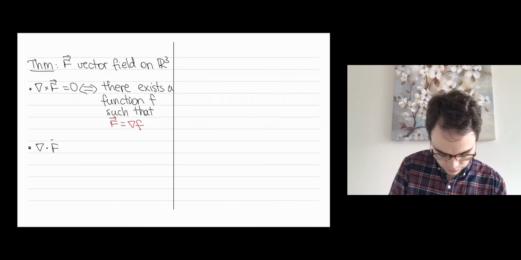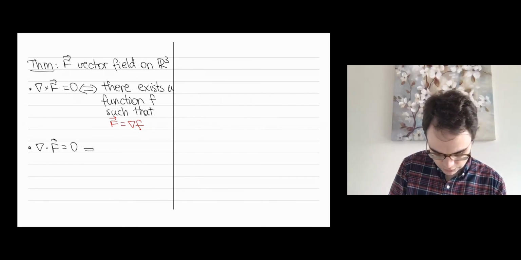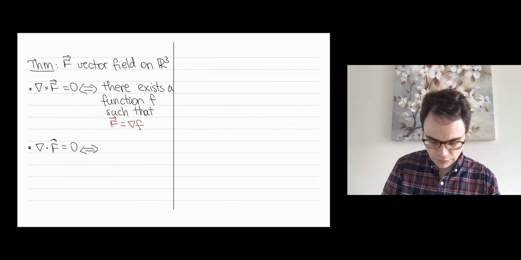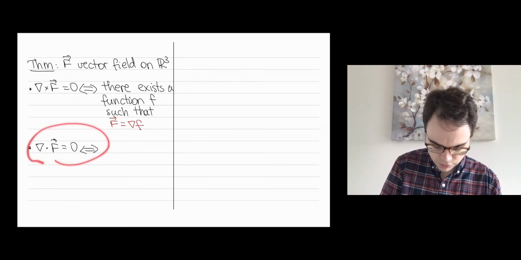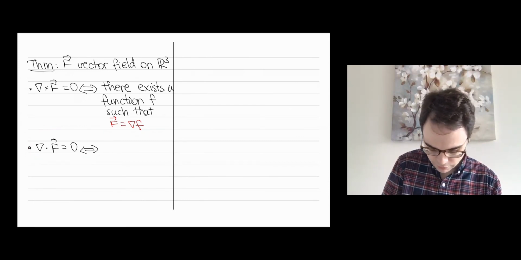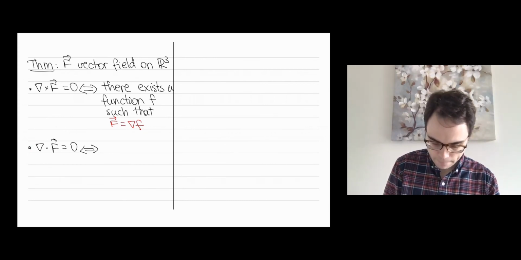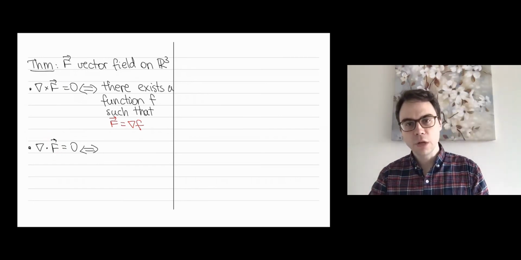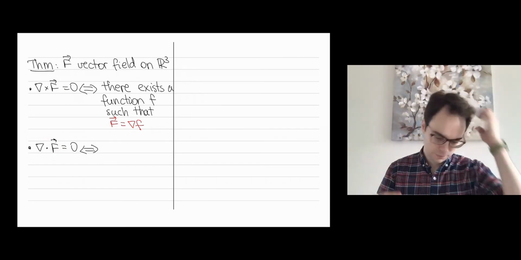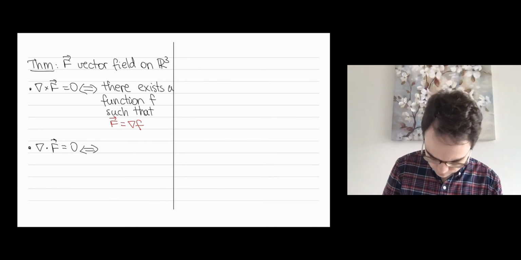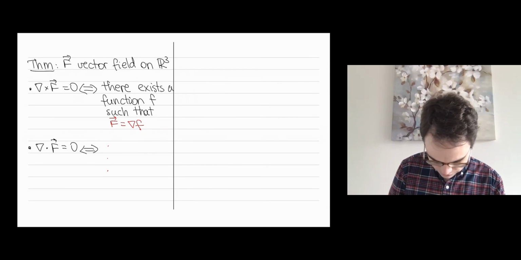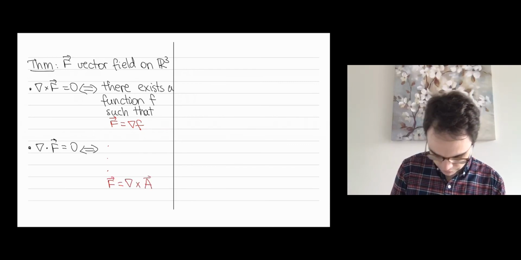For vector fields defined in all of R3, the divergence is 0 if and only if f is the derivative not of a function but of another vector field. If and only if our vector field is the curl of another vector field.